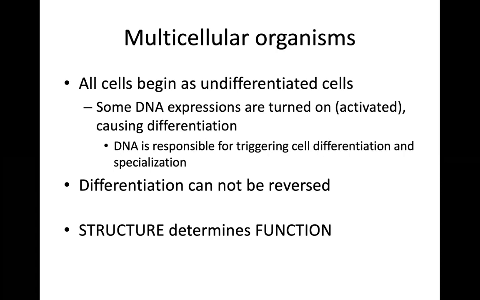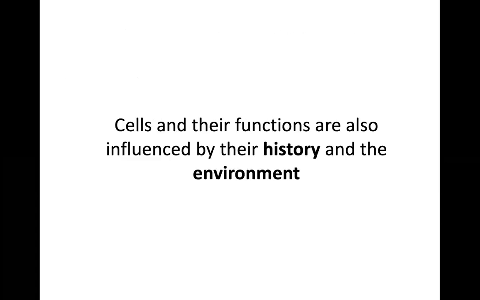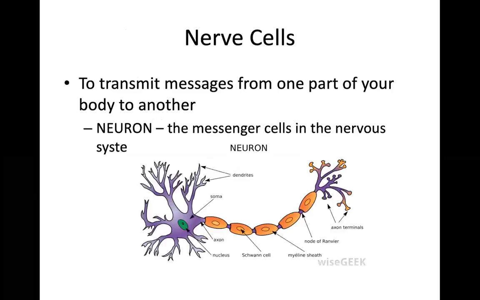Does a blood cell look like a nerve cell? No. Does a nerve cell look like a bone cell? No. Okay, so structure determines function. So cells and their functions are also influenced by their history and environment.